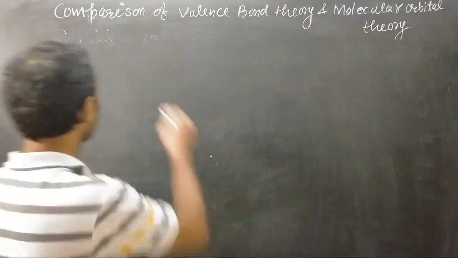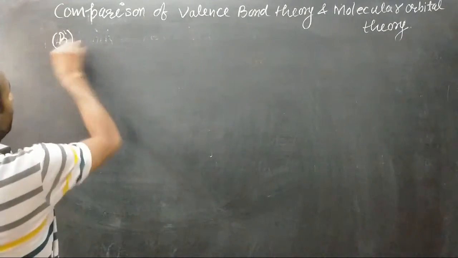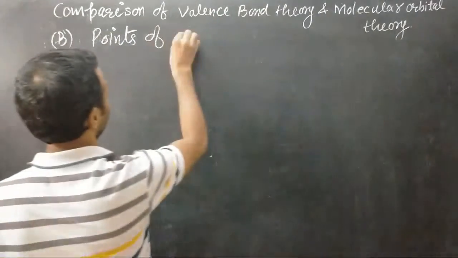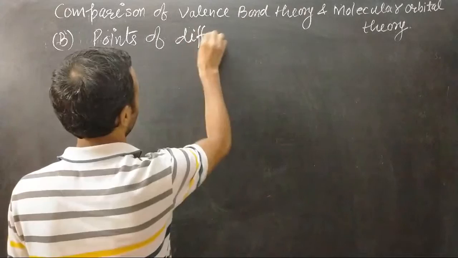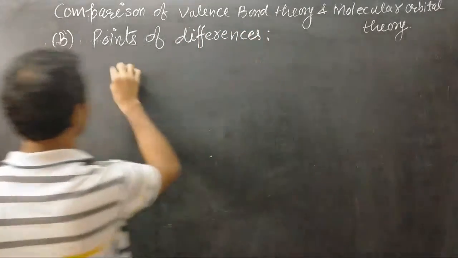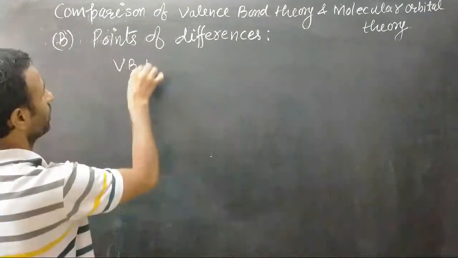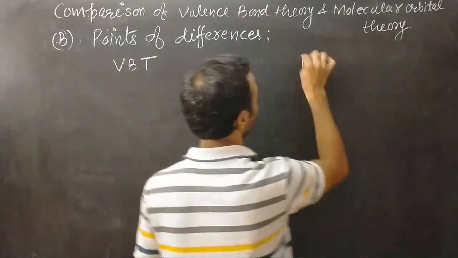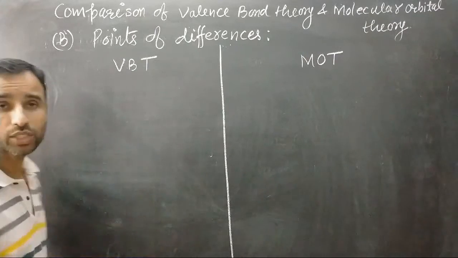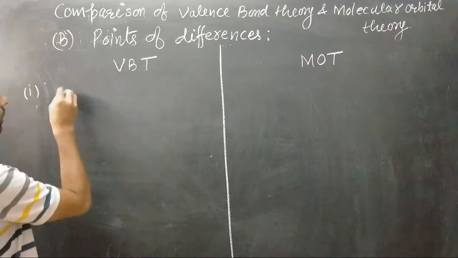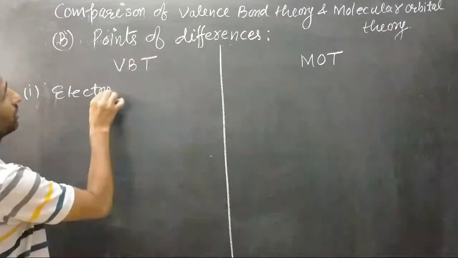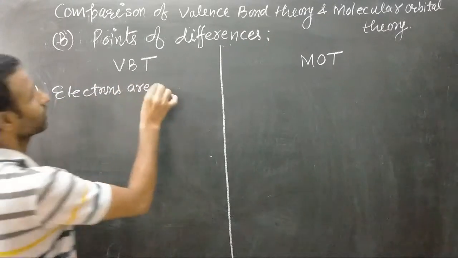Now points of differences. So on one side write Valence Bond Theory, on the other side write Molecular Orbital Theory. So first is, according to Valence Bond Theory, electrons are localized.